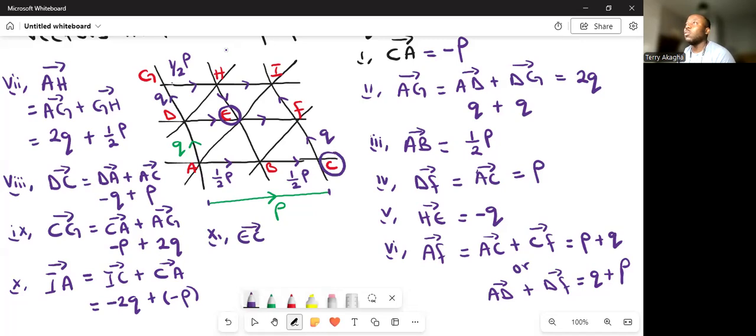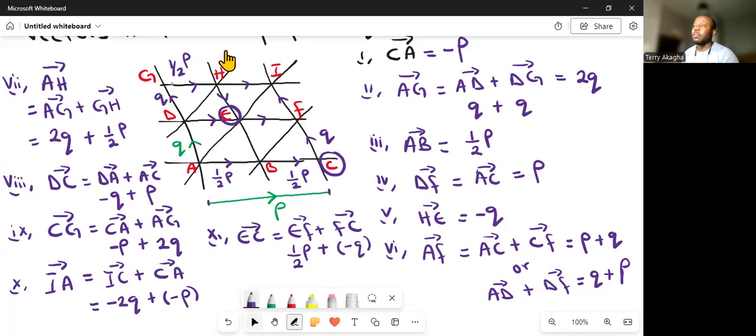That means from E to C, you have to go from E to F, then F to C. So it's going to be E to F plus F to C. E to F is parallel to B to C, so that means it's going to be half P. Plus FC is going to give us what? FC is going in the opposite direction of CF, because CF is Q. So FC is going to be what? Minus Q. All right.